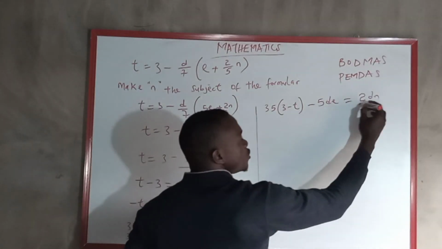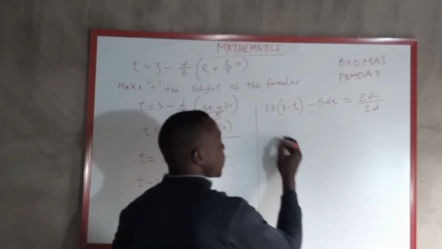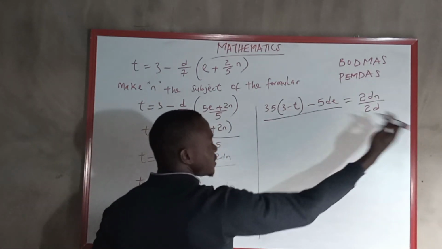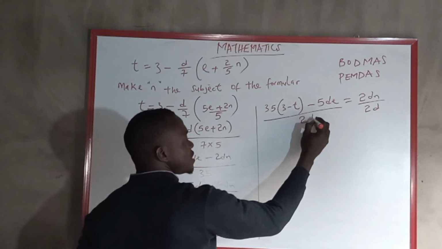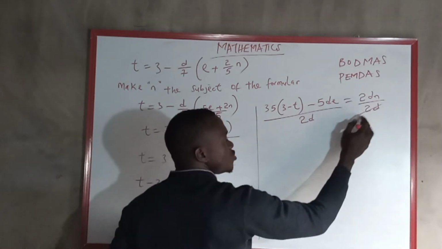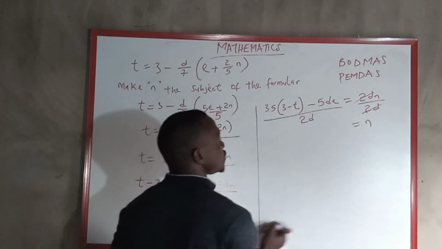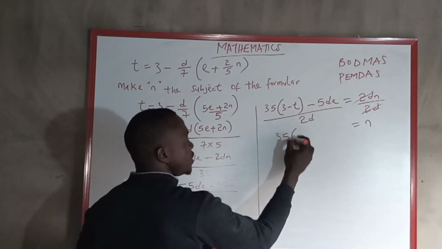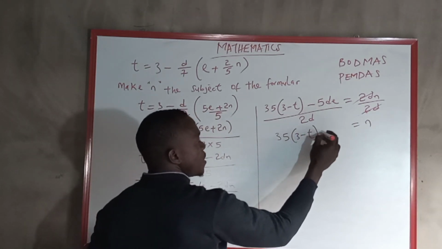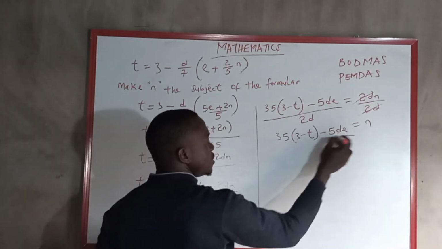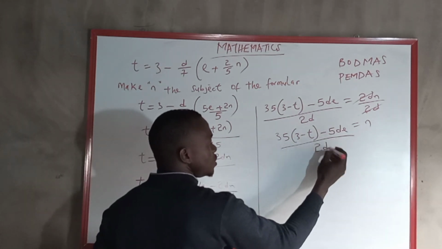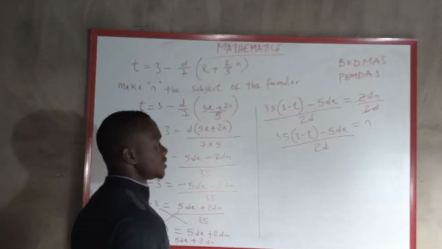So we have to do away with our 2d. Whatever you do to the left hand side, also do it to the right hand side. So this 2d goes with this 2d. We are left with what? n. So our n is 35 into 3 minus t minus 5de over 2d. That is that.